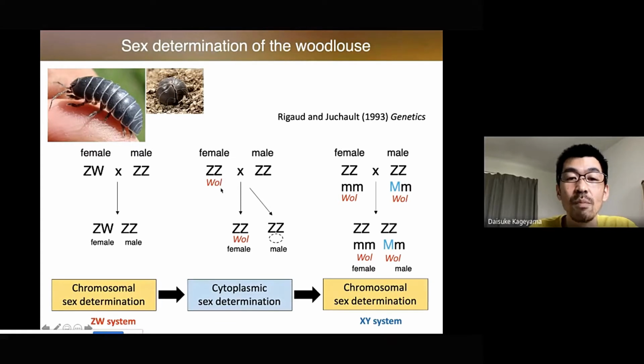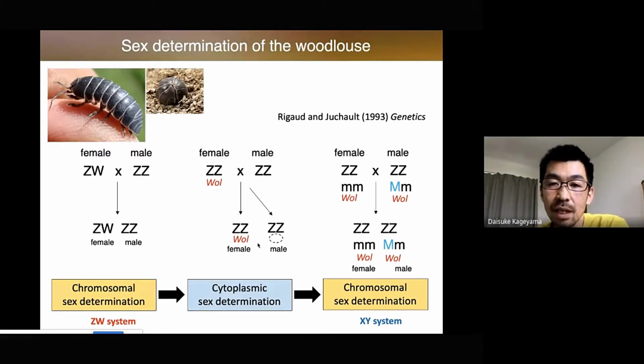But Wolbachia-infected females have the ZZ chromosomes. These are genetically male, but the presence of Wolbachia made them female. And by mating with ZZ males, they produce only ZZ offspring. Sometimes they lose the Wolbachia, then they become males. So it's a kind of cytoplasmic sex determination. Wolbachia decides whether they become males or females.